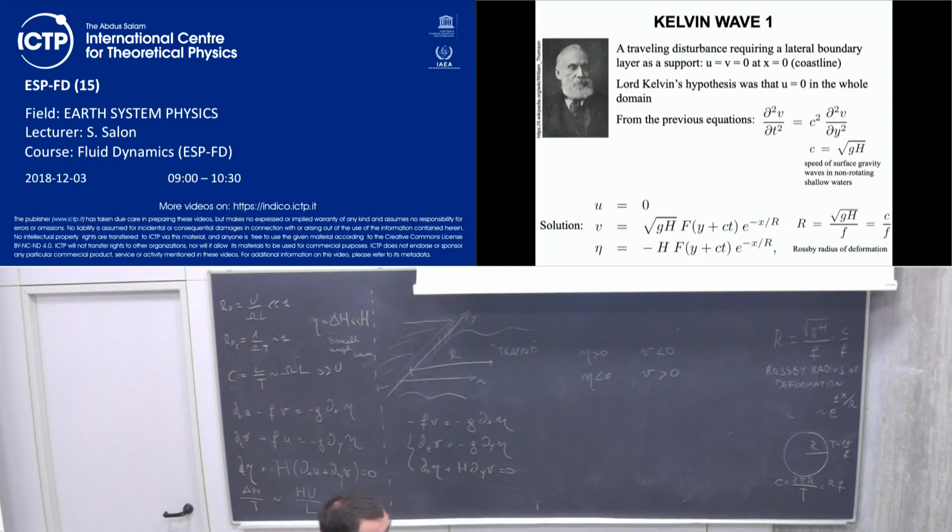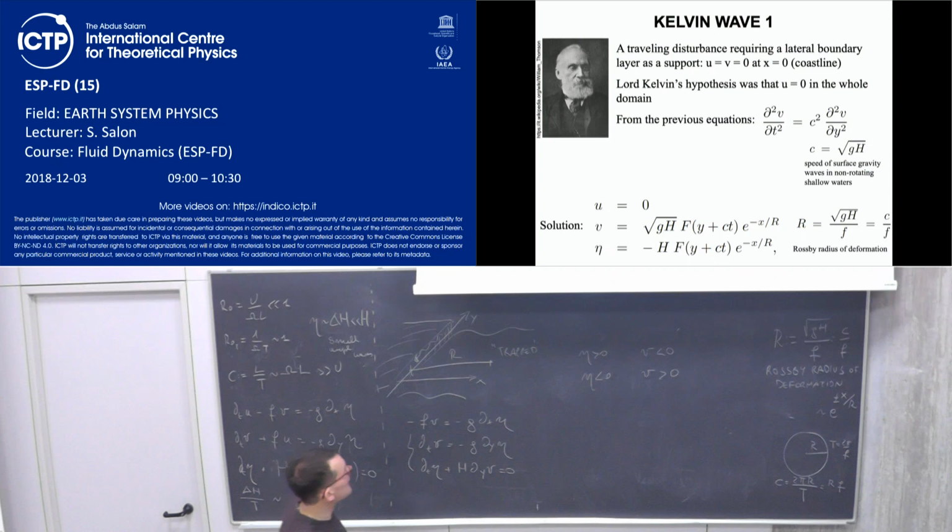So the propagation of the wave is always y plus ct, okay? So it will always be on the contrary with respect to the y direction. Because before we had two possible waves, one in this direction, one in the other direction. The one in the other direction was removed because of the explosive increase far from the wall. So our wave, the disturbance, is traveling always in this direction.